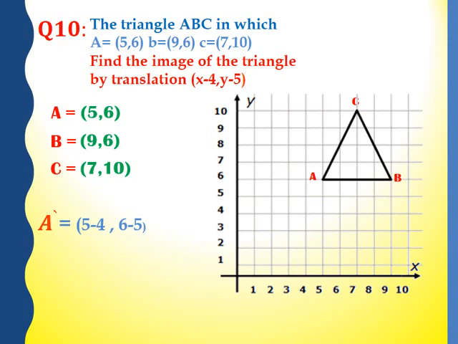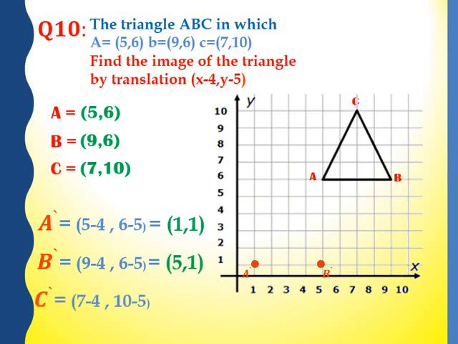So the image of the point A equals (1, 1), and I will plot it in our coordinate plane. In the same way, I can find the image of the point B, which gives me (5, 1), and also plot it in our plane.